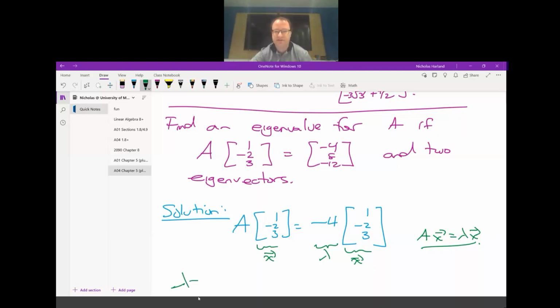So in other words, lambda is equal to -4. Now, I'm not saying -4 is the only eigenvalue of this matrix. We need to know more about the matrix to be able to answer that, but we know -4 is an eigenvalue of the matrix. All right, so any questions about why -4 is an eigenvalue?